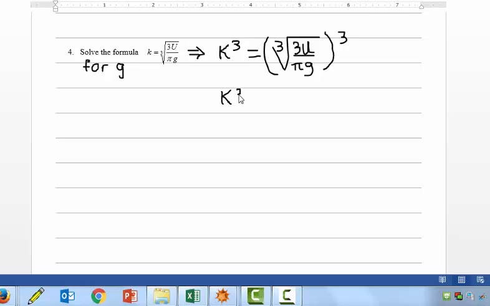So k cubed equals 3u over pi g. I'm going to multiply both sides of the equation by pi g.